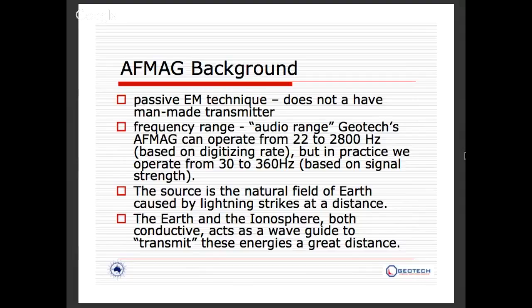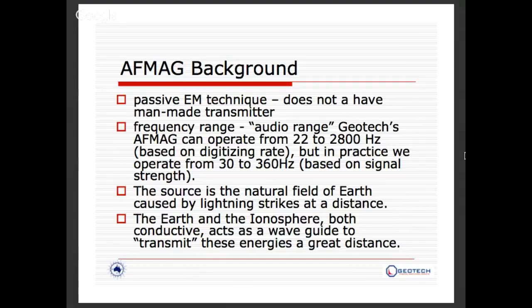So in AFMAG, what we use is the natural source, as we saw yesterday: the sun flares, the magnetic field of the Earth, their interaction, and also the lightning. When we have all of that, we have a lot of energy around the Earth, and we use that.